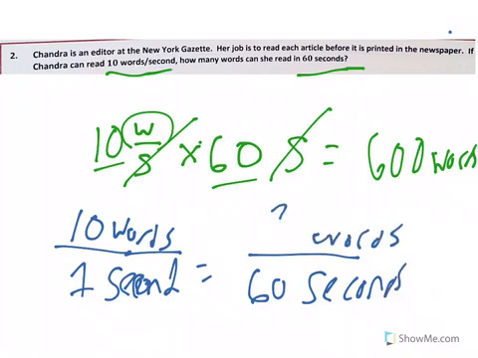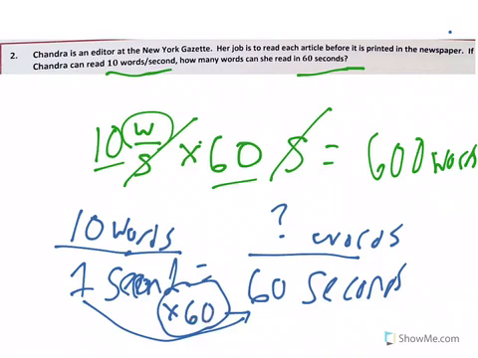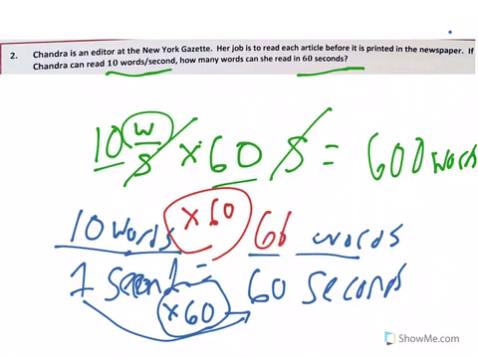Blank words. We don't know. So this is basically just finding an equivalent fraction. We know from 1 to get to 60, our constant or our magic number would be times 60. Same thing here. To figure out what this is, we would need to do times 60, because that's our constant or our magic number, and we would get 600 words.